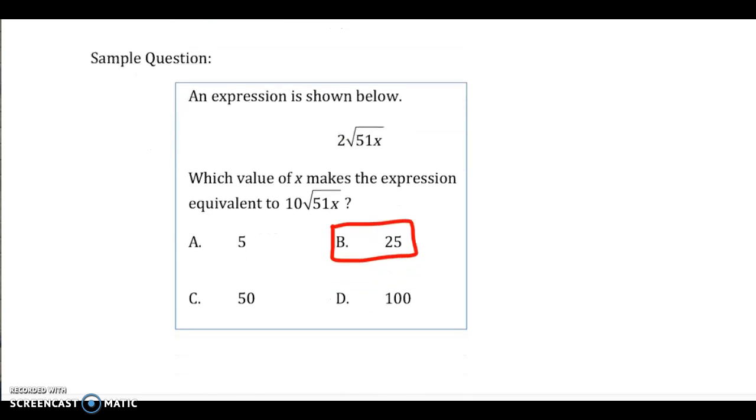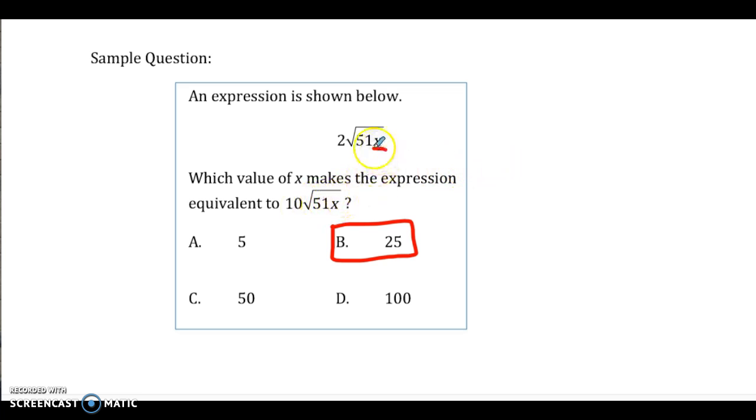So we actually have to think about what the problem was. The question asks us for the value of x. And there are a couple of different ways to solve something like this. And if you're stuck, just plug in all of your answers and go from there. Okay. So I noticed that we went from 2 to a 10, right?